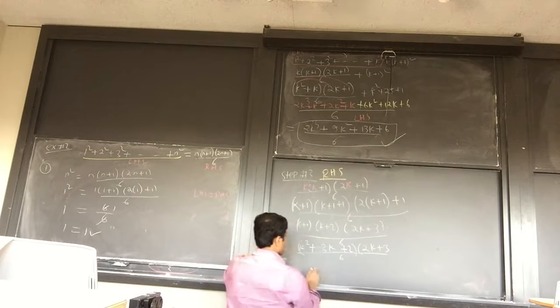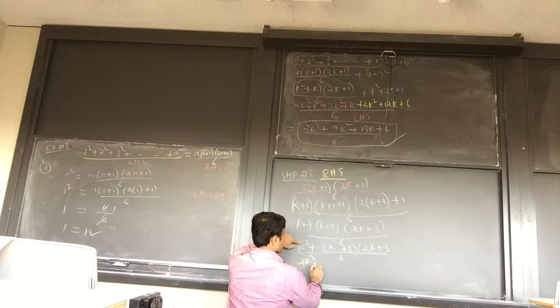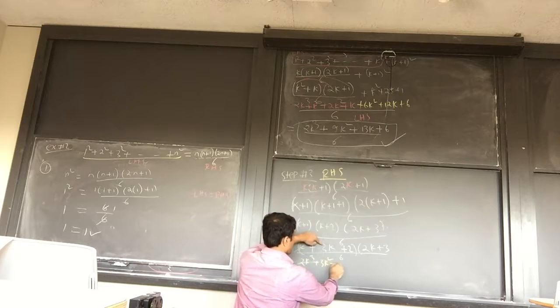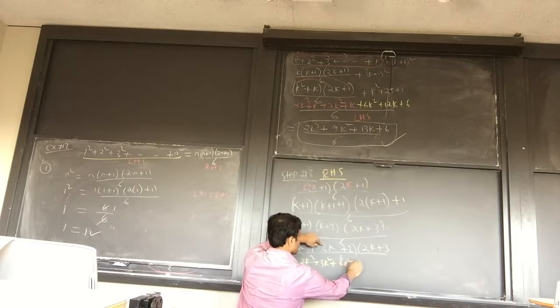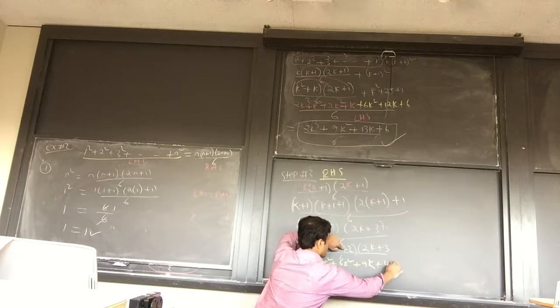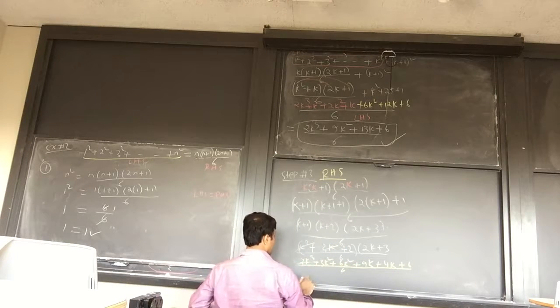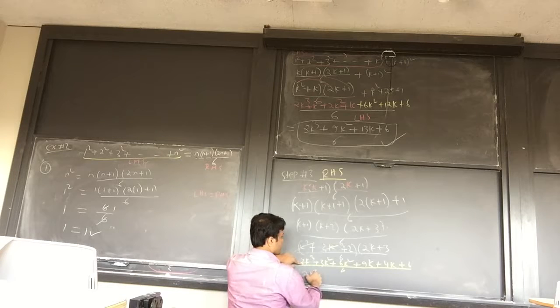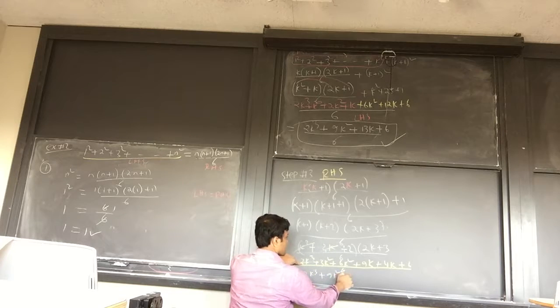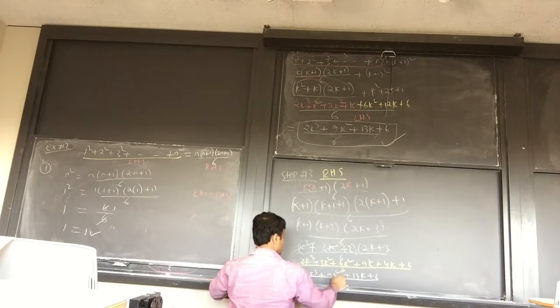Now we're going to multiply it out. So 2k cubed plus 3k squared, done with this one, plus 6k squared plus 9k, we're done with this one, plus 4k plus 6, all divided by 6. So 2k cubed plus 9k squared plus 13k plus 6, all divided by 6.